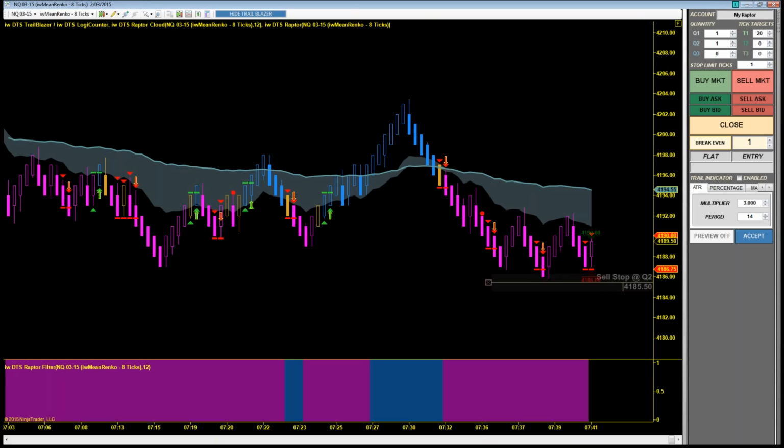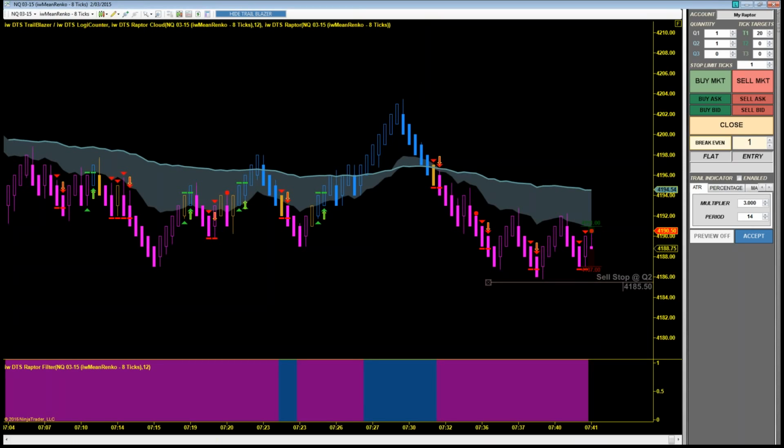Okay, so we're getting sell signals across the board now. Here's one in the Raptor. And probably, for the sake of a few ticks, it's better to enter below here.